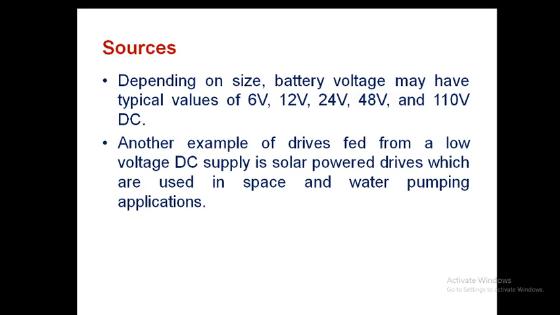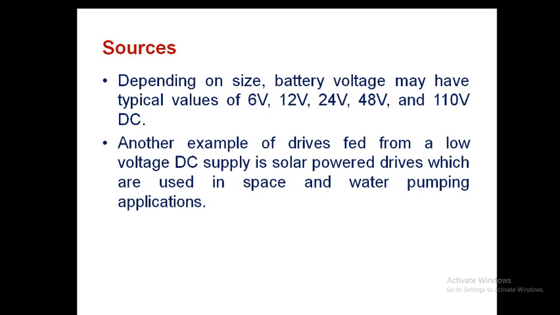Another example of drives fed from a low voltage DC supply is solar power drives. These need to be driven with solar panels, which are used in space and water pumping applications. Space, I think all of us know that in space we are using solar panels to drive the aircraft.